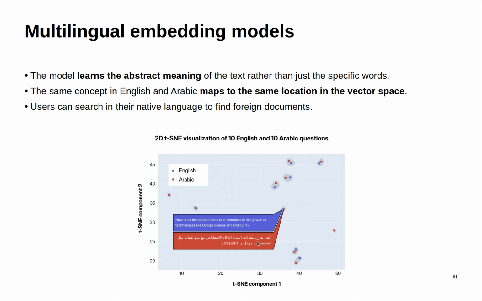So if you can read Arabic, you will understand that these two sentences are basically the same. And when using a multilingual model, we see that the embeddings are located at the same position. This is so cool. Training embedding models on different languages makes them learn the meaning of concepts in different languages. The learned space becomes language agnostic.